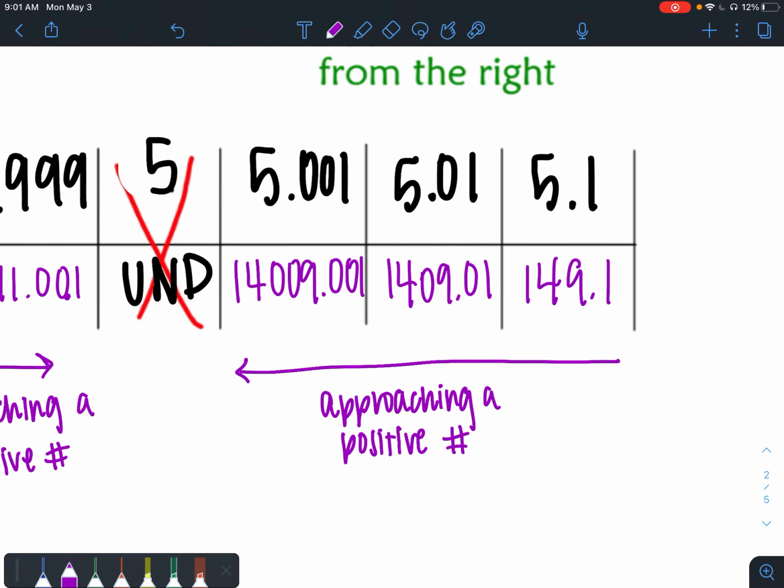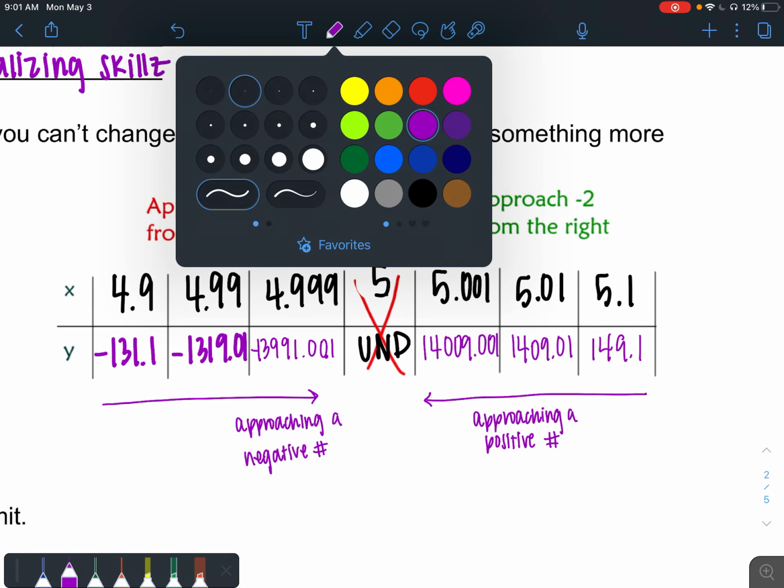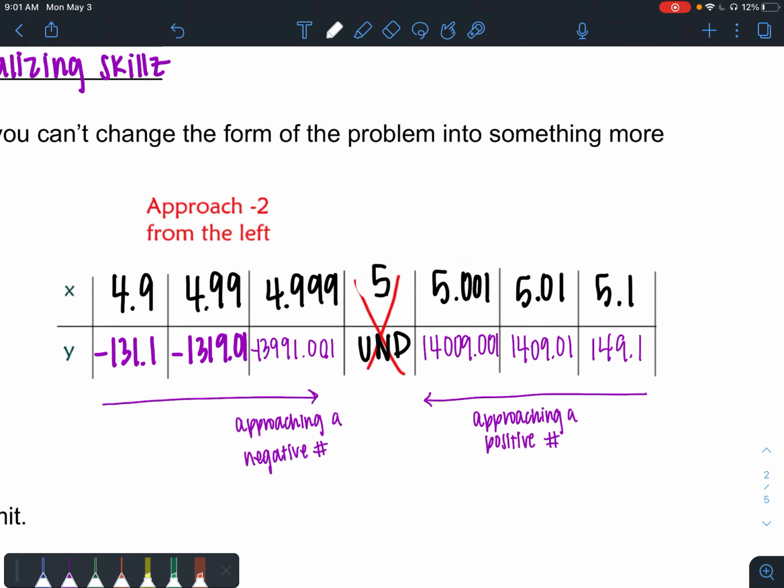So if one side is approaching a negative and the other a positive, then they are approaching different values, and they are not going to have a limit.